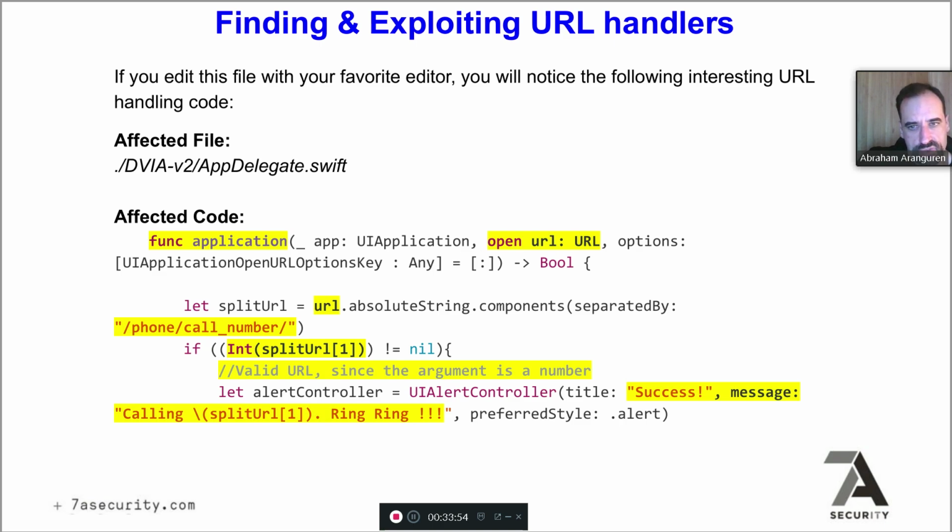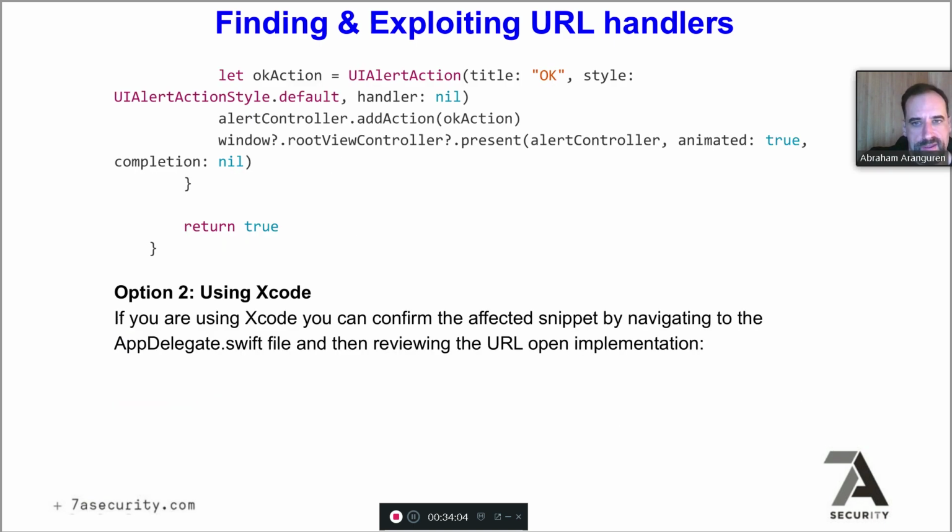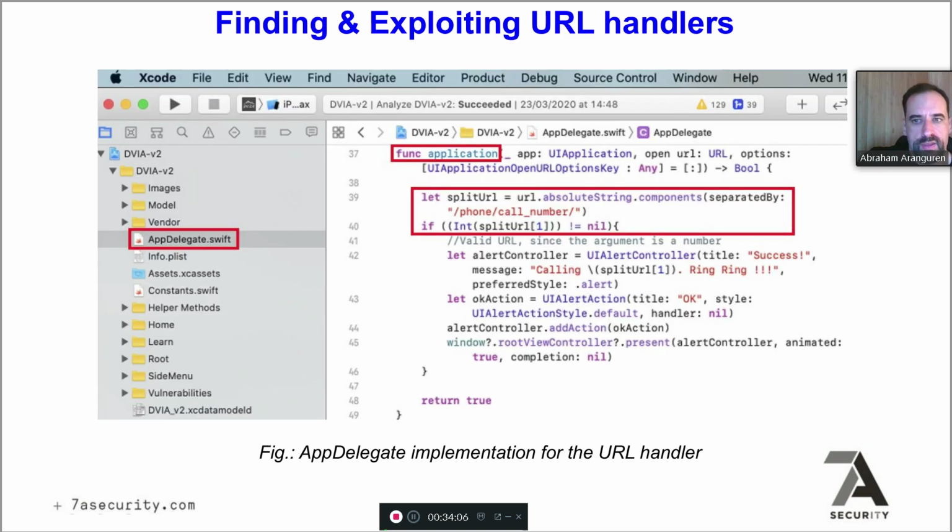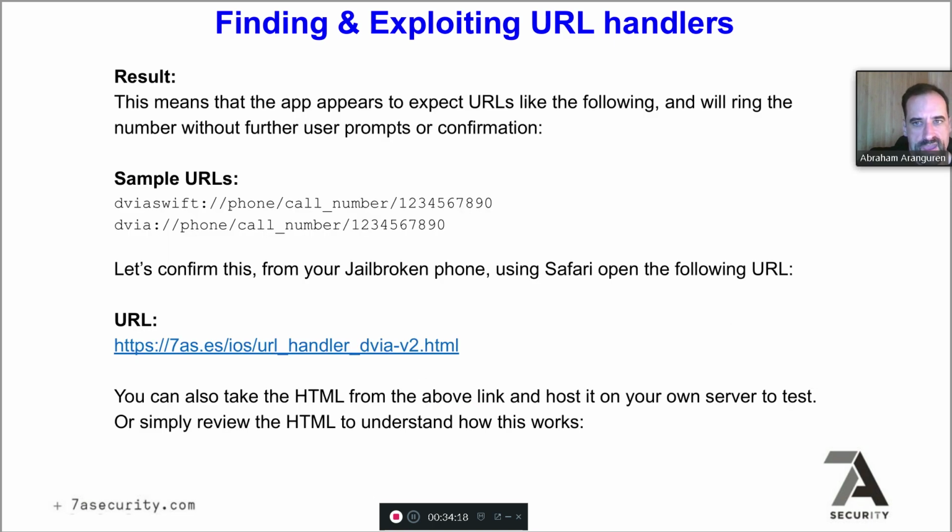Then it's going to cast the number to integer, and if this works, then it will try to call this number, right? So that is basically the logic here. If you click on appdelegate.swift, this is how it looks, the same code from Xcode. So application, this is the split URL, this is the cast to integer, and then the phone call afterwards, right?